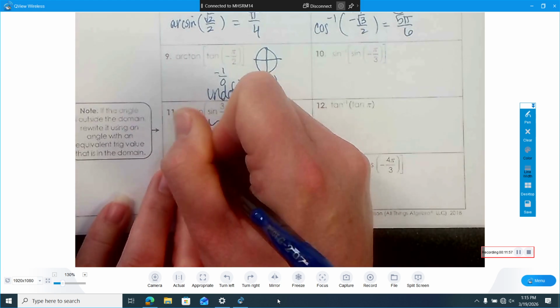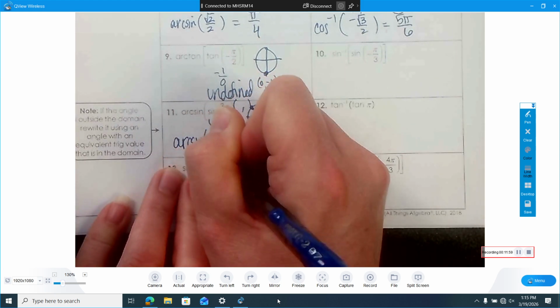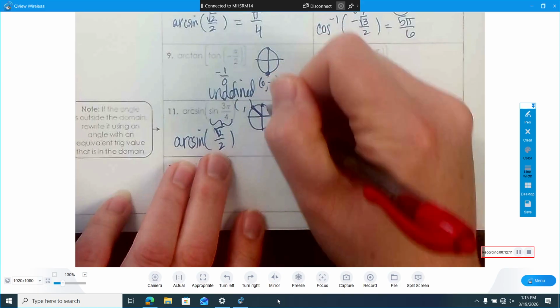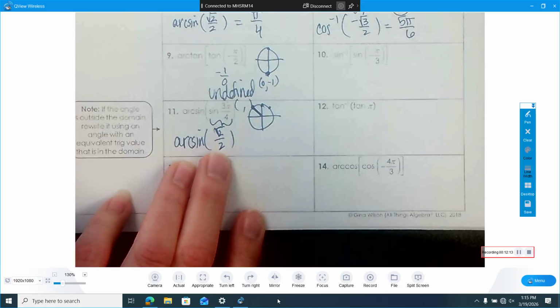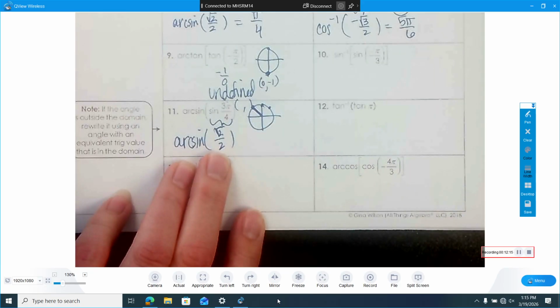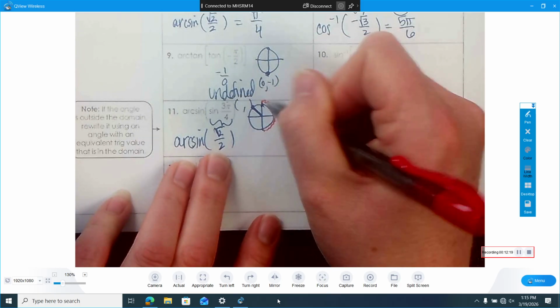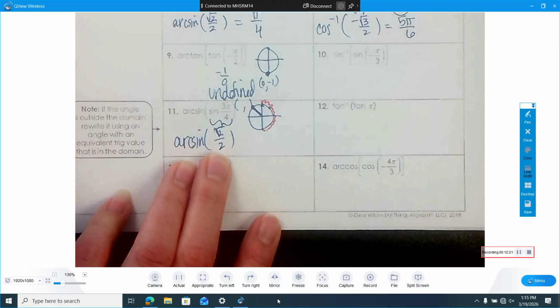All right. Now, this one is different. The angle whose sine is root 2 over 2. Pi over 4. How come we couldn't just give 3 pi over 4 back again? Arcsine has to come from the right side of our unit circle.